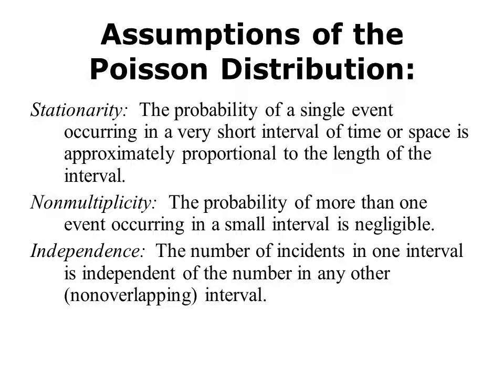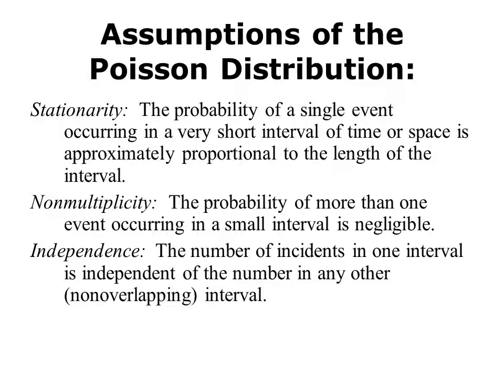Again, the probability of that event occurring is proportional to the length of the interval considered. Non-multiplicity. This assumption states that the probability of more than one event occurring in a very small interval is negligible. It would say that you can't have 2 floods at the same time, that you can only have one flood occurring at a time.